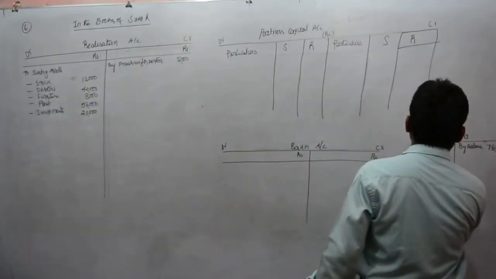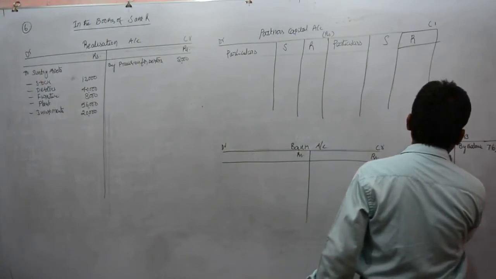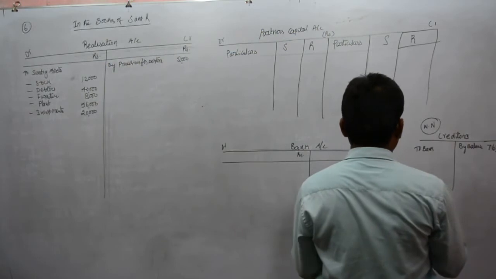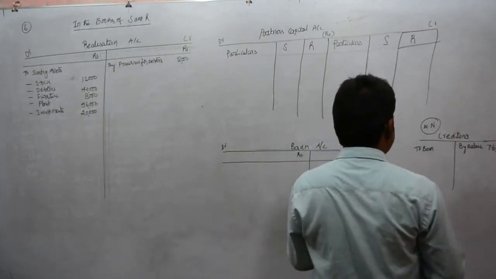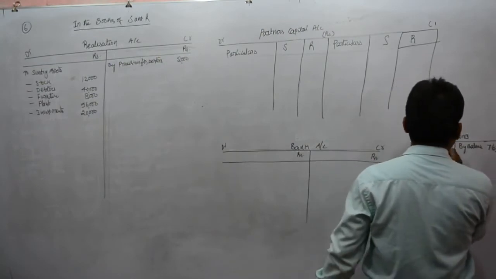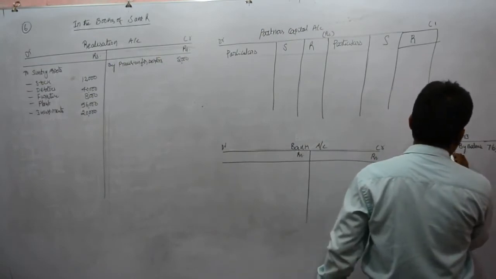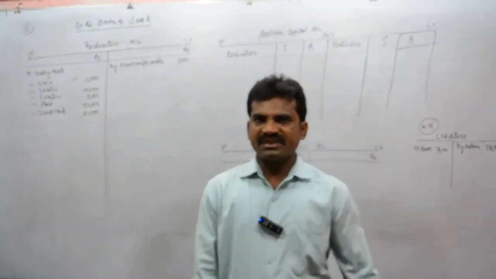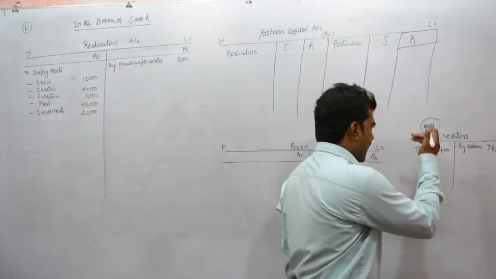Therefore, the amount which we have paid through bank is 76,000 into 97.5%, that is 74,100. Out of 76,000 we got 2.5% as discount, the remaining balance we paid.